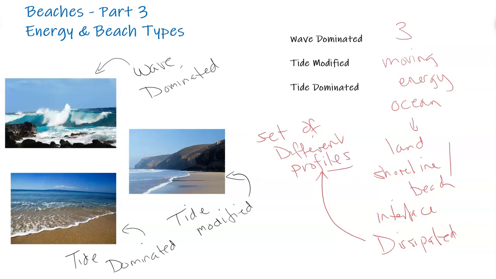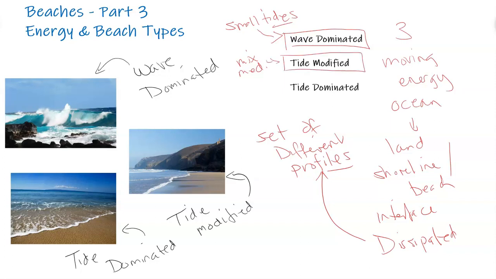And obviously, if it's pretty much small tides, and mostly waves, it's wave dominated. If there's going to be a mixture or medium amount of both tides and waves, it'll be called tide modified.